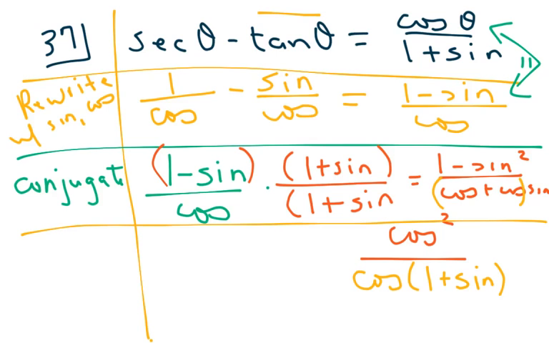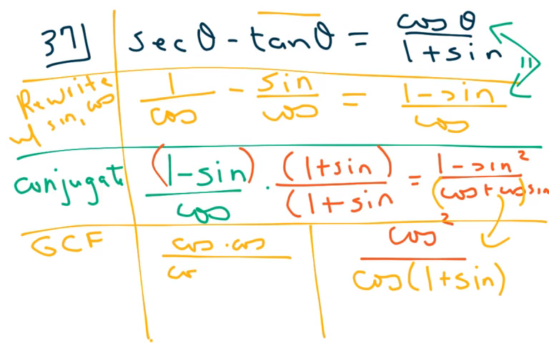I used the greatest common factor there. So I get cosine times cosine over cosine times 1 plus sine.